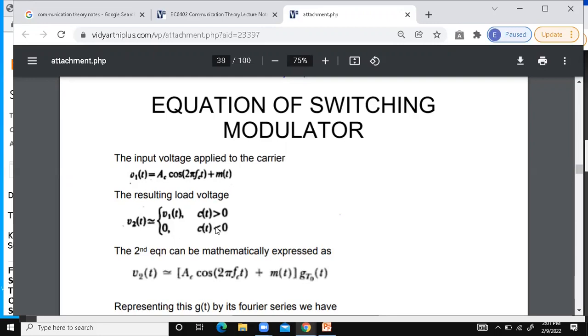Okay. So what we're going to do now is, we have a carrier signal, and now we are going to pull in the information, our message signal.